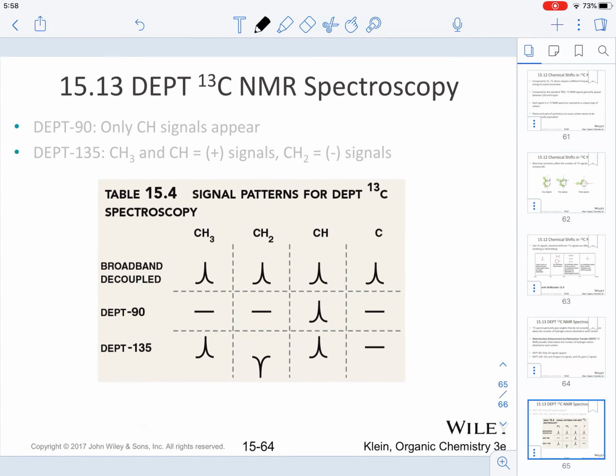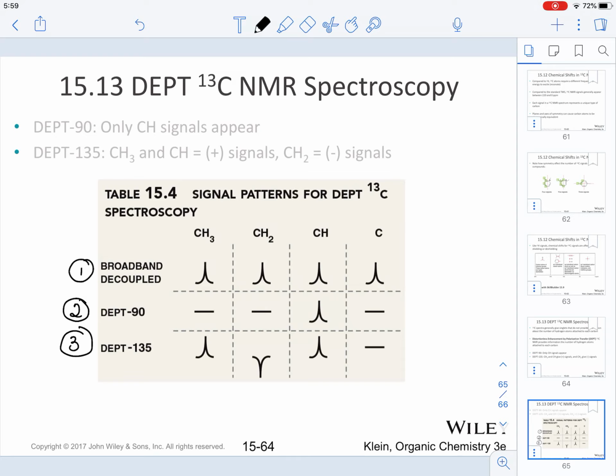In table 15.4 in the textbook, you can see the shape of the signals, specifically for the DEPT carbon-13 spectroscopy experiment. As I mentioned, there are 3 stages that need to be done in order for this experiment to work. The first one is the broadband decoupled, which is the regular C13 NMR. Then we have DEPT 90 followed by DEPT 135. For the regular broadband decoupled, we're going to have singlets.